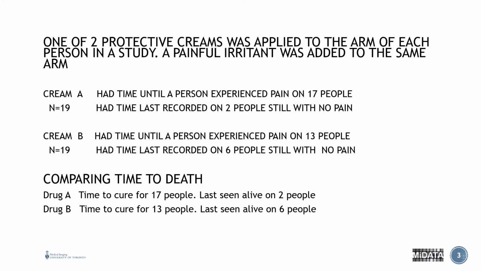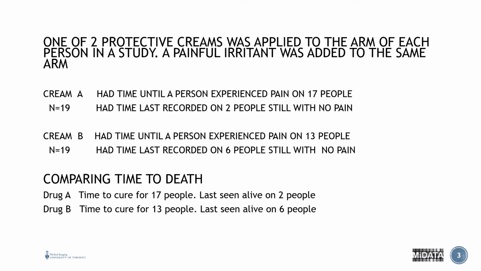So in this case, let's say your outcome is pain, no pain. That could be logistic regression, correct? However, you may be interested in the concept of time, right? The dimension of time, where you're going to say, well, at the time of last recording for cream A, we had 2 people who didn't have pain, and for cream B, we had 6 people who still did not have pain.